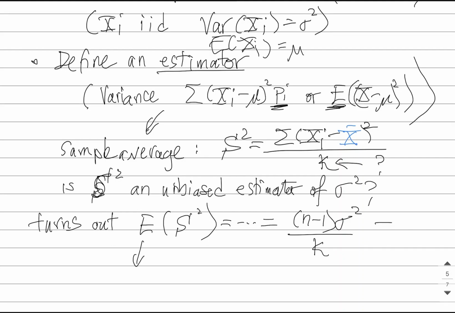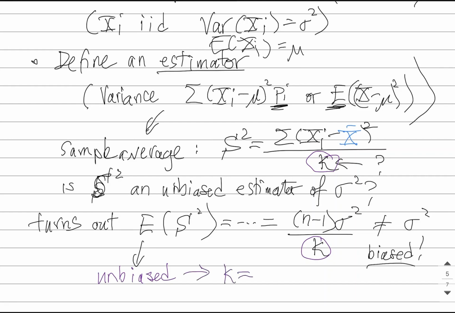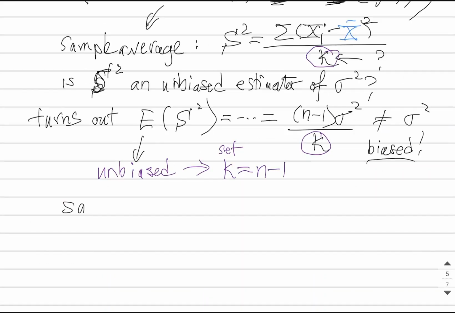Because it's not equal to sigma squared, that means it's biased. It will systematically favor the wrong thing. Doing this calculation won't get us a good estimate of the thing we want. So if I want this to be unbiased, the only way to do it is to set k equal to n minus 1.